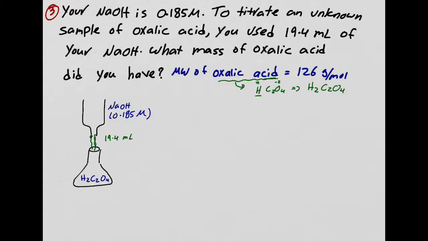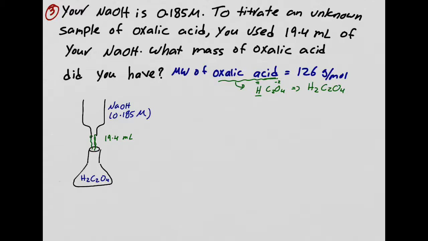So I have this setup going on. So far, so good. Now, every time you do a titration problem, the first thing that you need to do: you have the molarity of NaOH, and you know how much NaOH you added to reach the endpoint. Figure out how many moles of NaOH you added. Almost every time we do this, because again, we love moles.